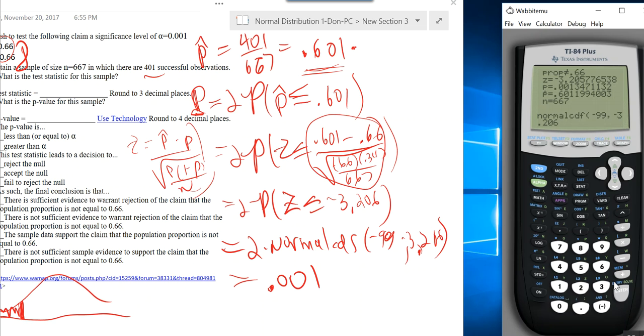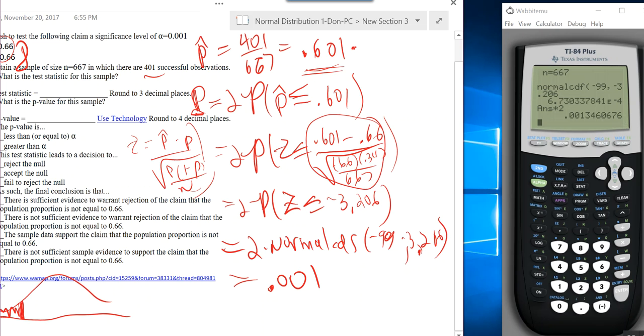And hit enter there. It goes into scientific notation, and I'm going to multiply that by 2. There we go, times 2. And it comes out to be, like we said, about 0.001 once we multiply that by 2.